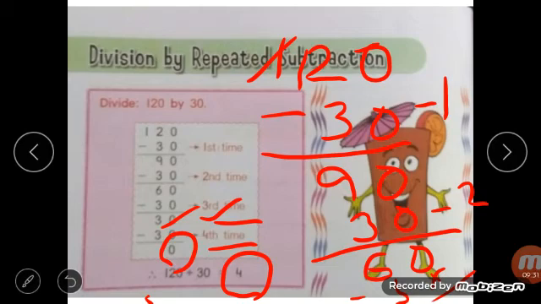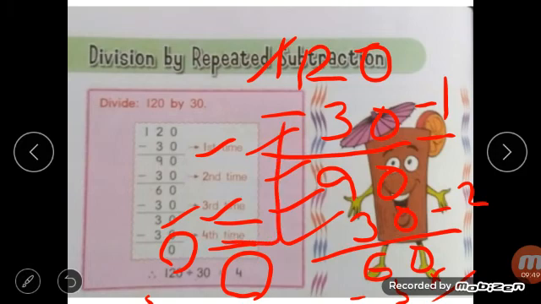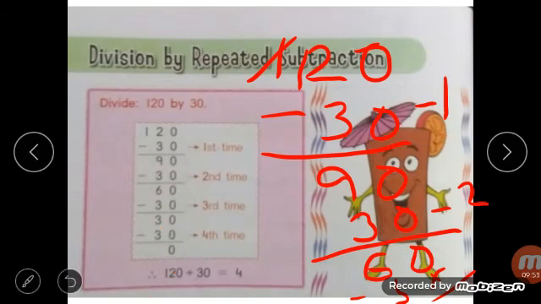You had subtracted 4 times. First time, second time, third time, fourth time. You have taken 4 times to reach 0. When you subtracted 30 from 120 to reach 0, how many times did it take? 4 times. So this way you have to complete this exercise.